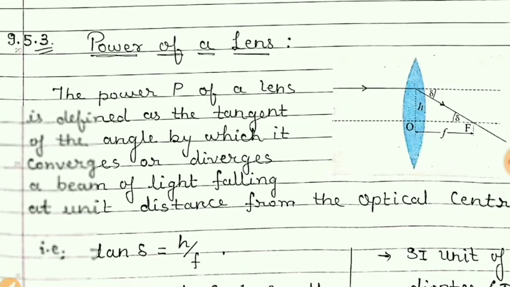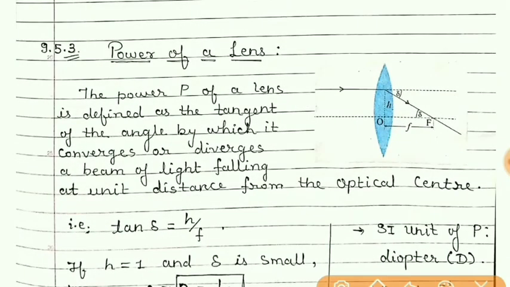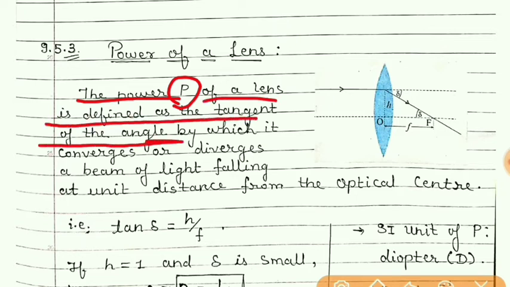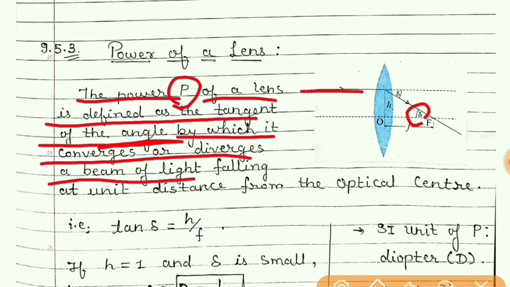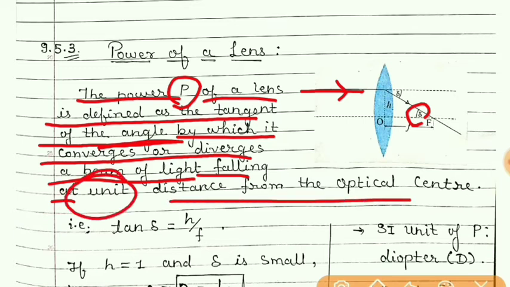Once again, look at this definition. The power P of a lens is defined as the tangent of the angle delta by which it converges or diverges a beam of light falling at unit distance from the optical center.